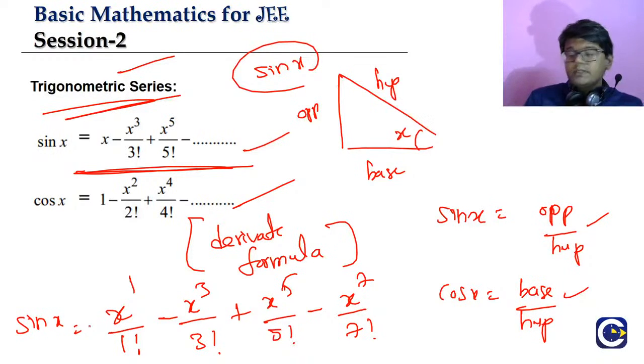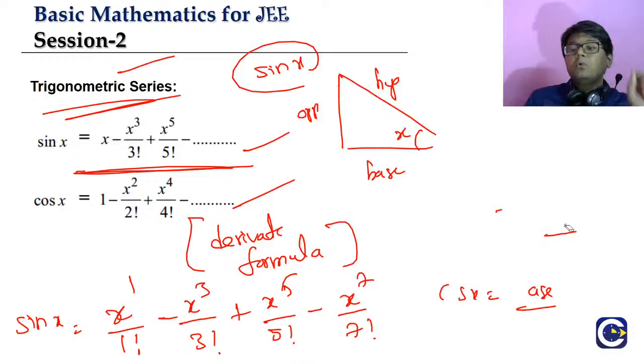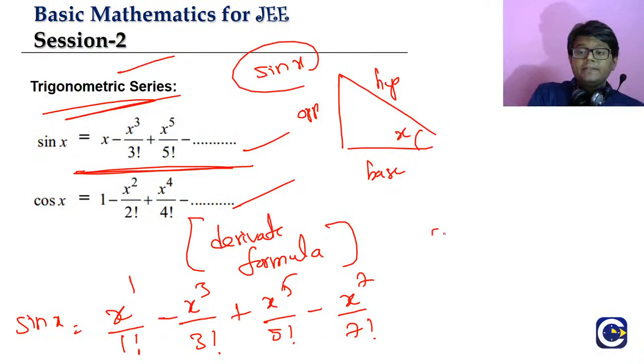The story of cos will be almost similar. But the difference is that we take only the even powers of x, including 0. Which means x power 0 by 0 factorial is how it will start. Remember, we already discussed that 0 factorial means 1.